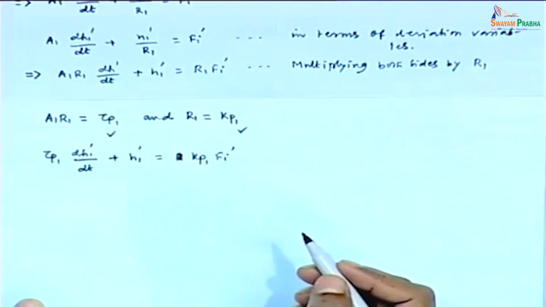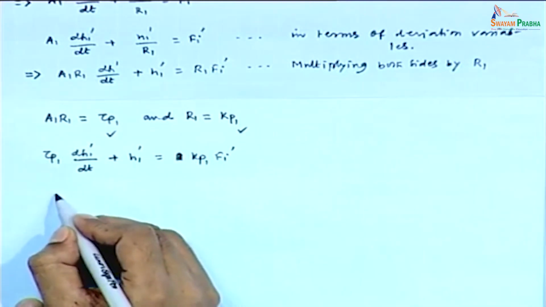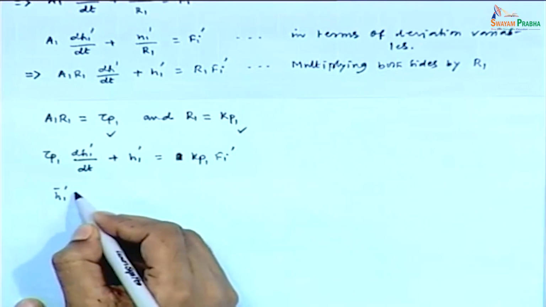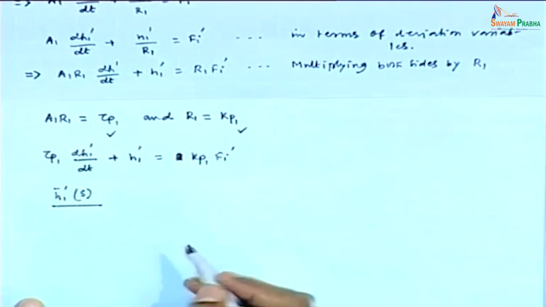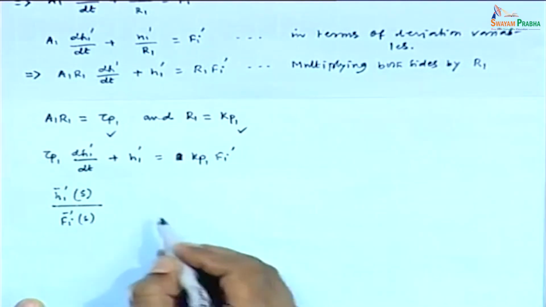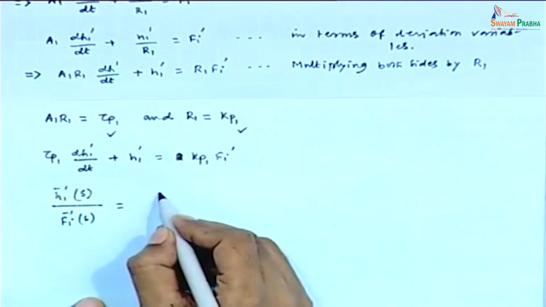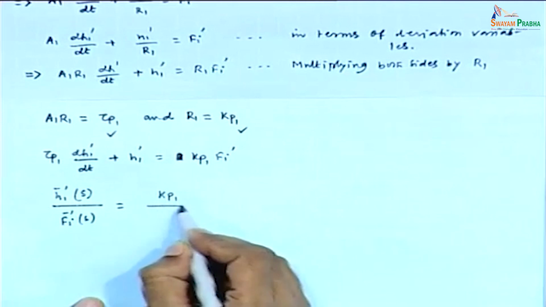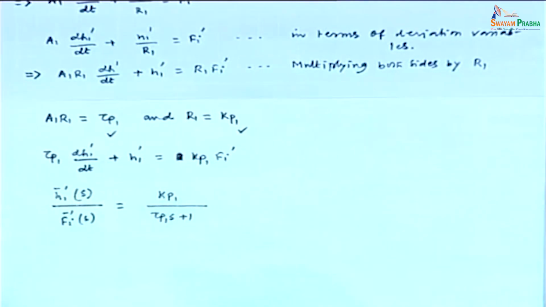Now, if we take Laplace transform and rearrange, then we get the transfer function of the first tank as H1 bar prime(s) divided by Fi bar prime(s) equals Kp1 divided by tau P1 s plus 1.